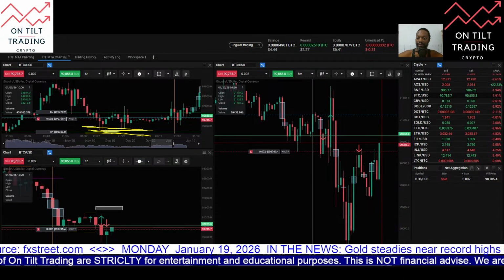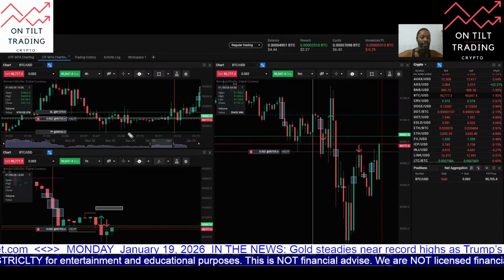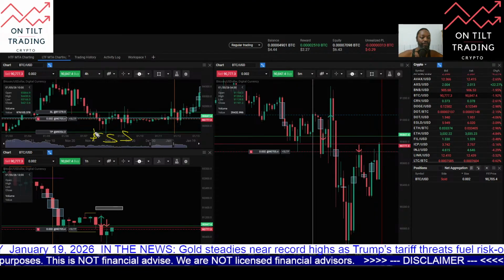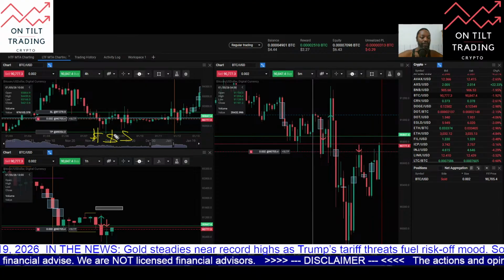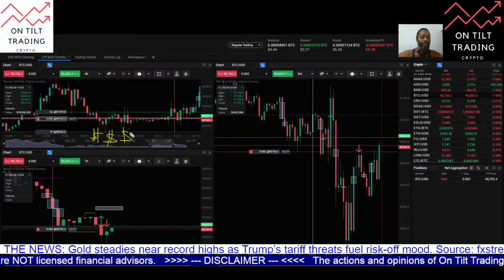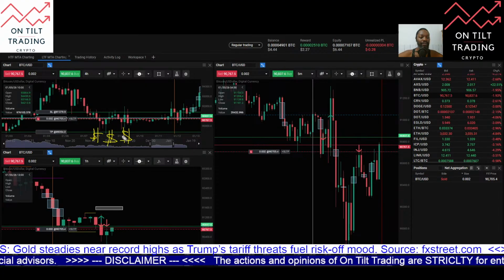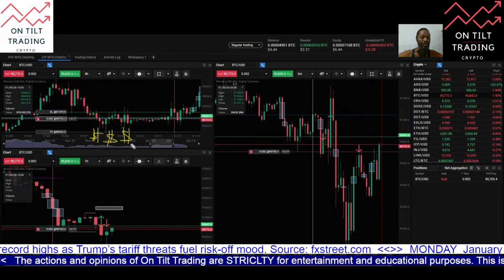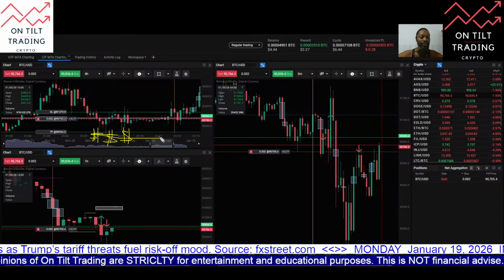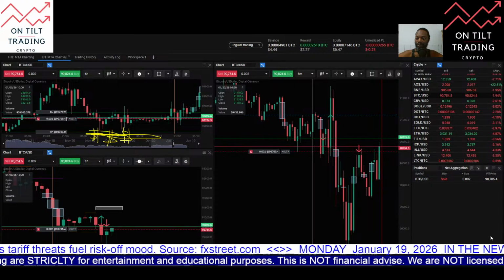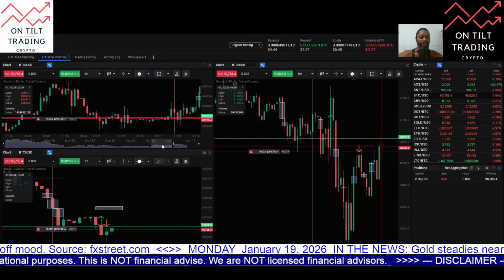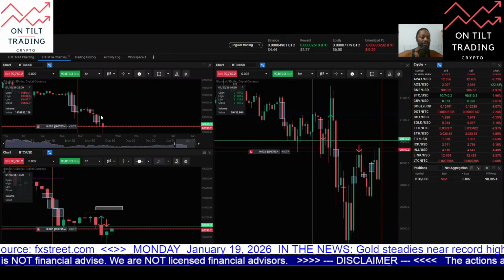So this is an area of interest where there's going to be a liquidity pool down here, where there are going to be a lot of sell orders or sell stops down here for sell side liquidity. So that's going to be resting right here. So that's in confluence with my current take profit here on Bitcoin.